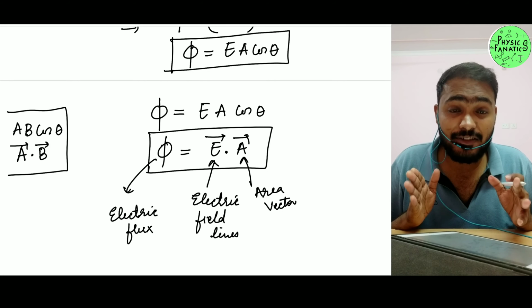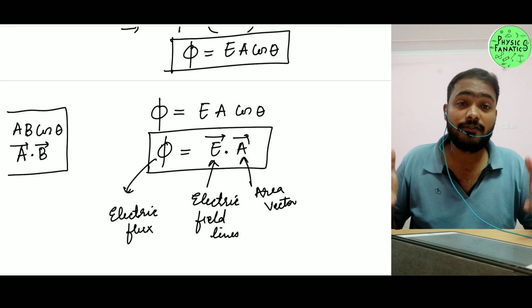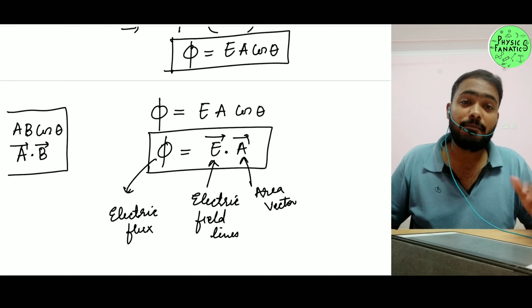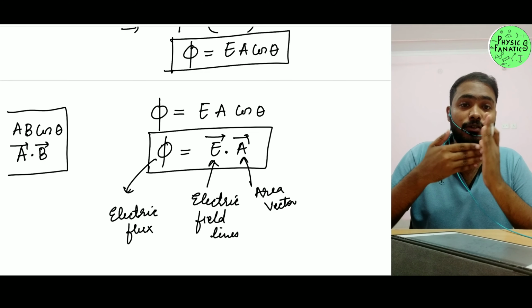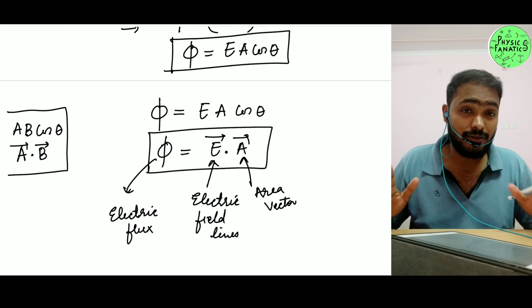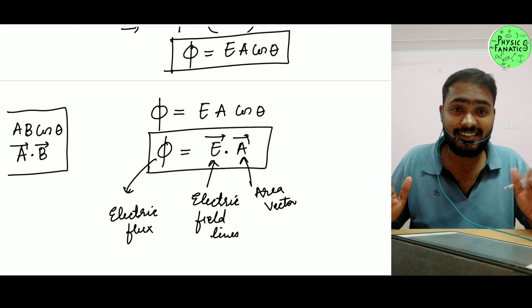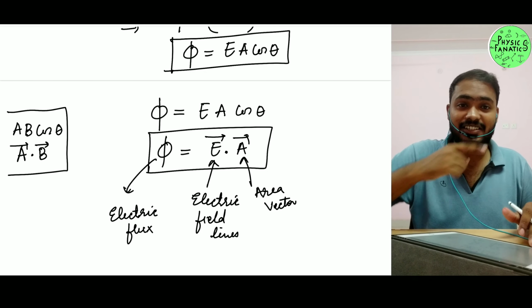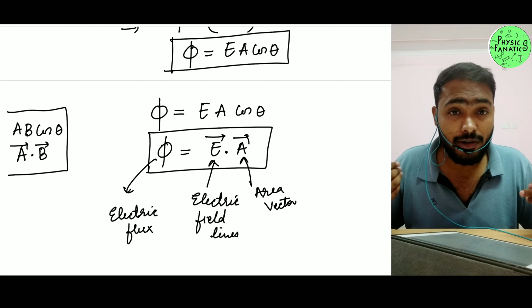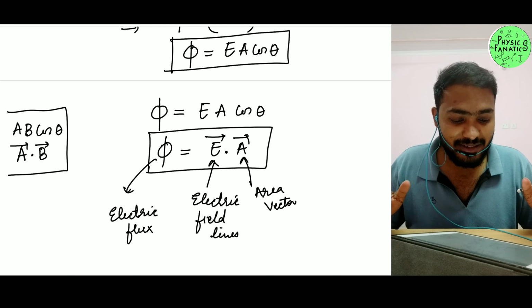Phi actually gives you a number. Electric flux is actually a number, that means how many electric field lines are passing through a surface normally. It's a scalar quantity, not a vector quantity. It is not going to have direction. We'll never say that the flux is in this direction or that direction, because it's a scalar quantity. I hope that is understandable.